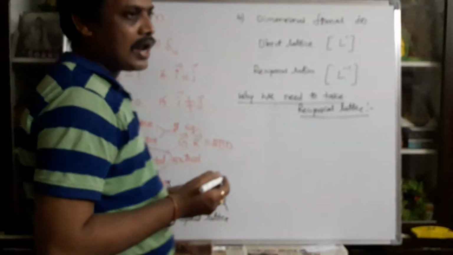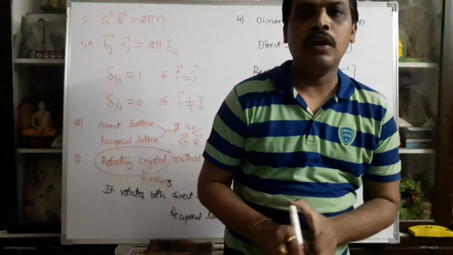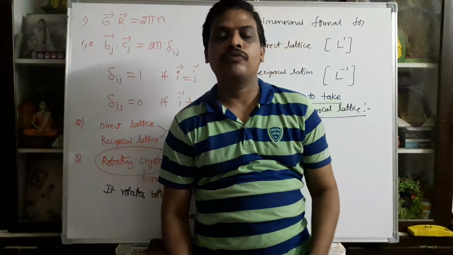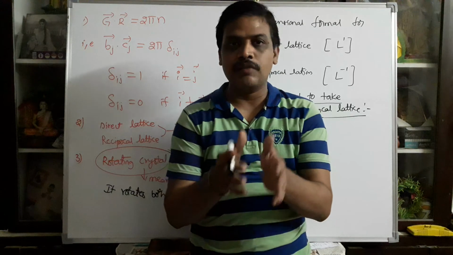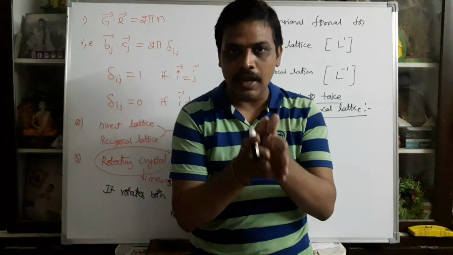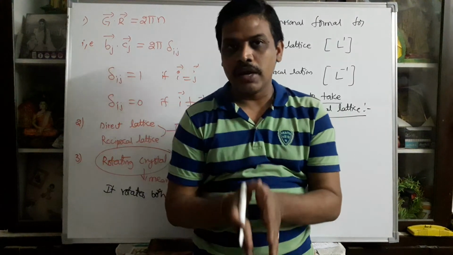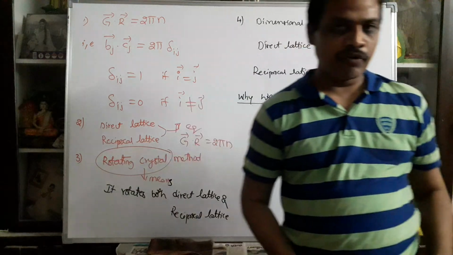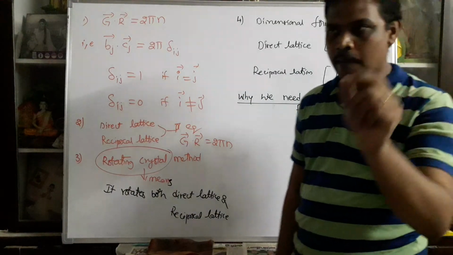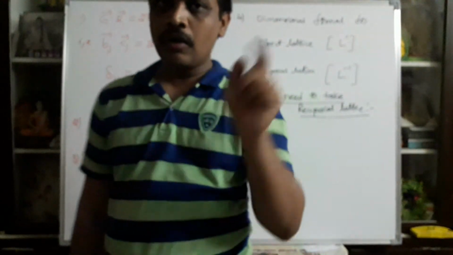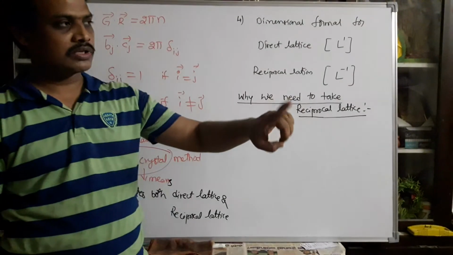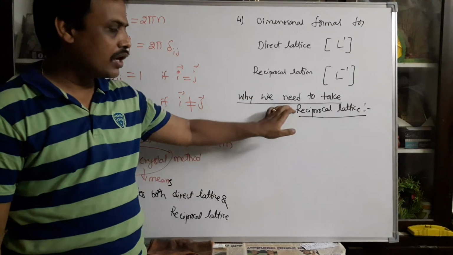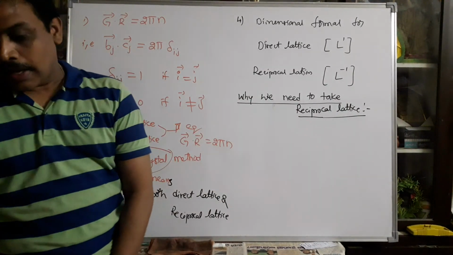This reciprocal lattice is introduced when Miller indices fail. Miller indices give the complete information about a set or family of parallel planes, but they do not give the complete information about a single plane. In that way we are introducing the reciprocal lattice.